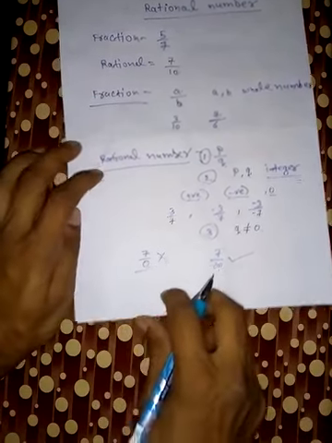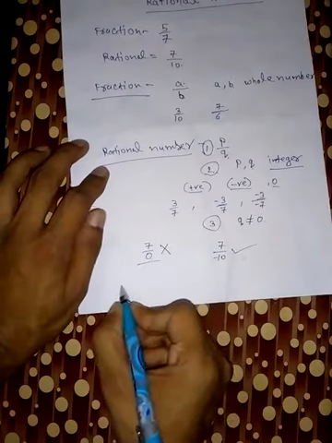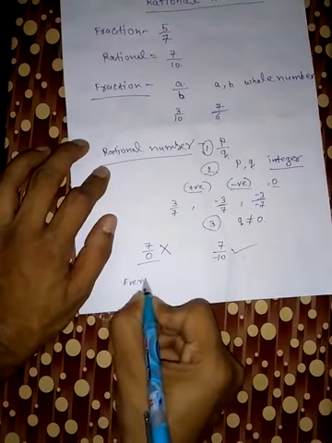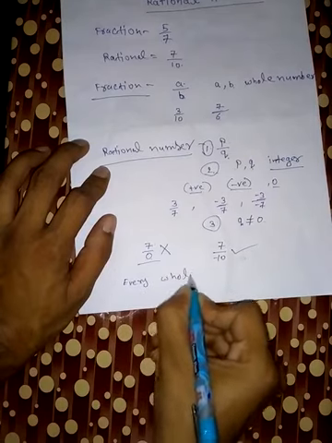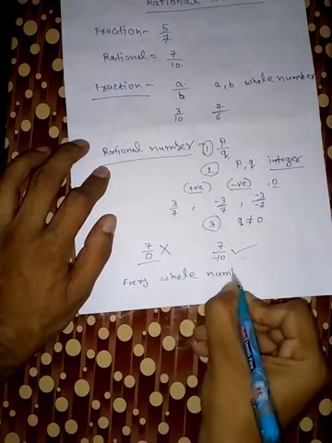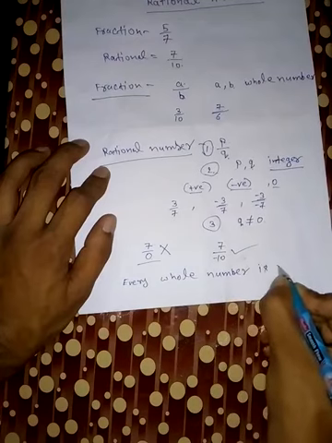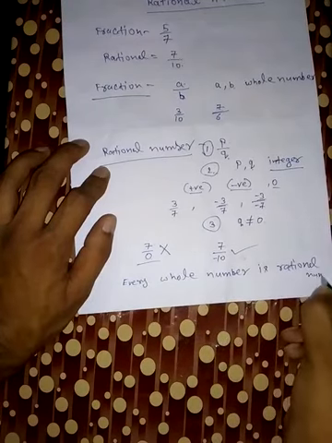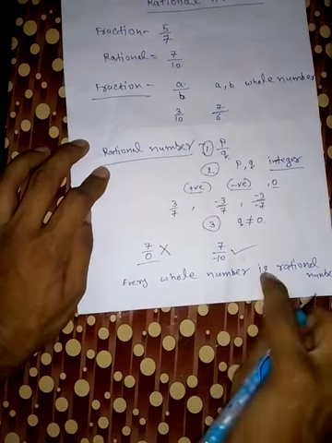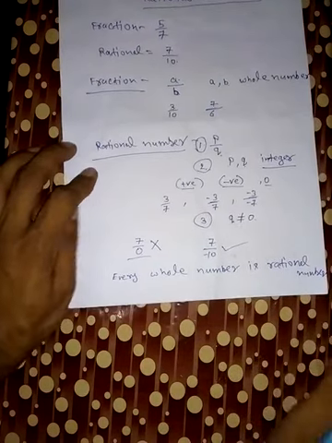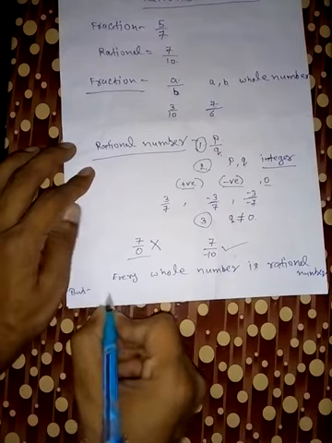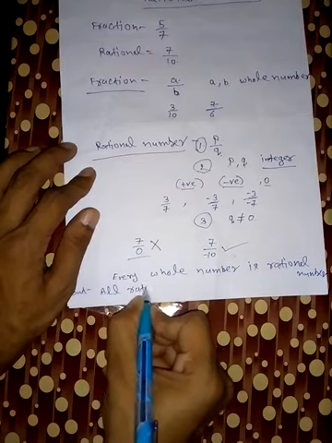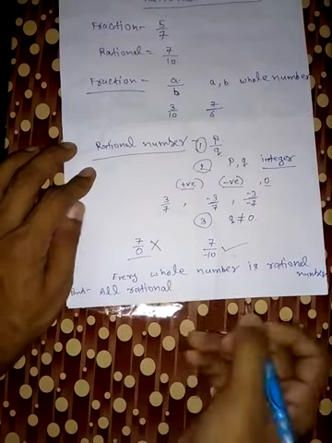So what we come to the conclusion is that every whole number is a rational number, but all rational numbers may or may not be fractions.